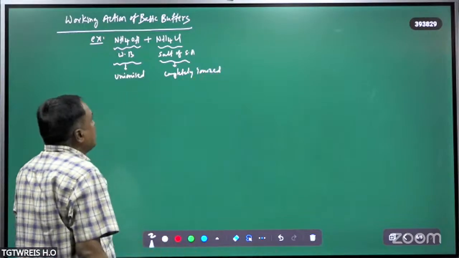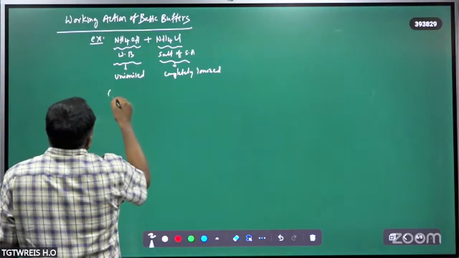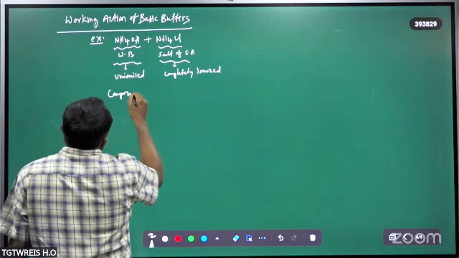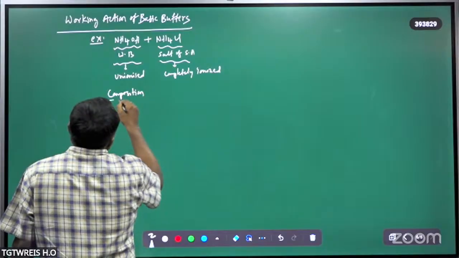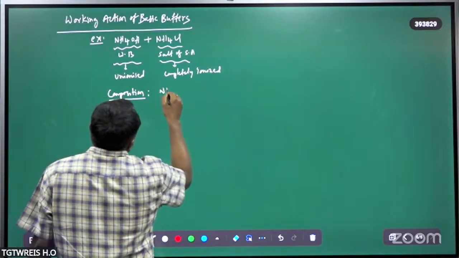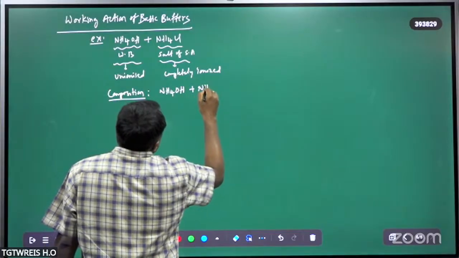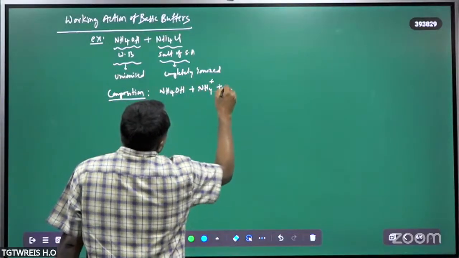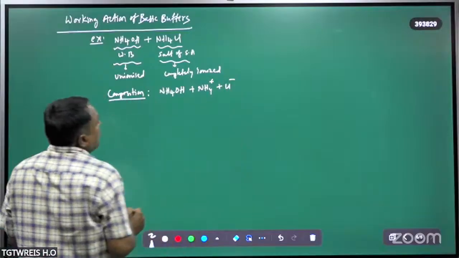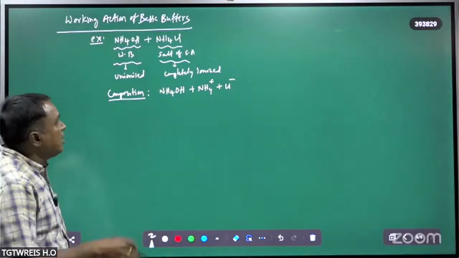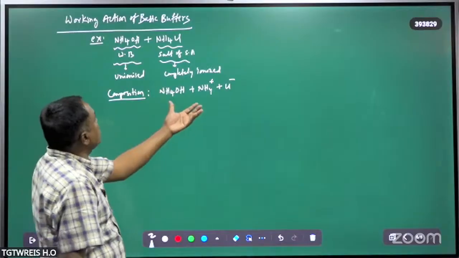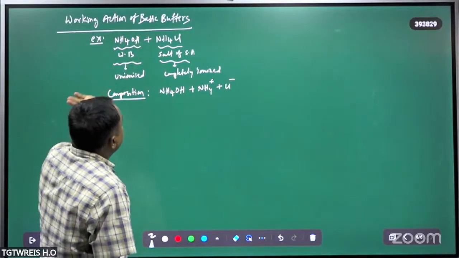Therefore, the composition of the buffer will be ammonium hydroxide, ammonium plus ion and Cl minus. These are the components present in this basic buffer.